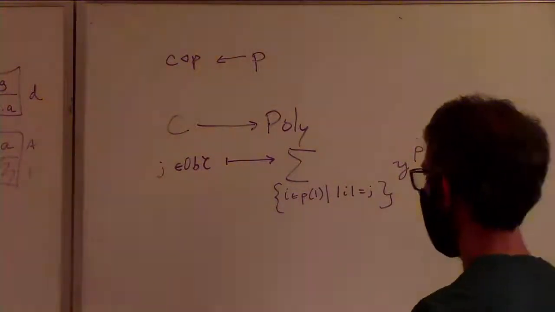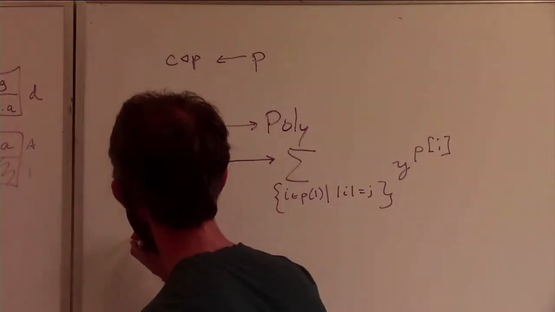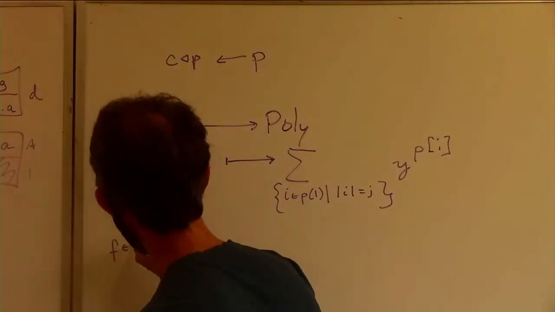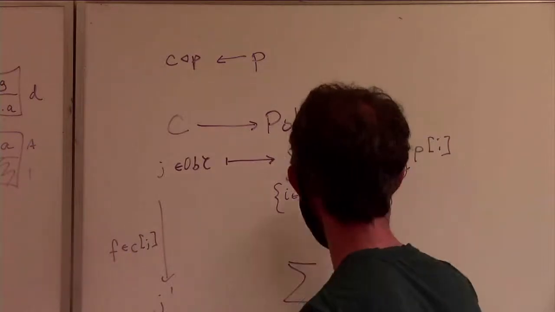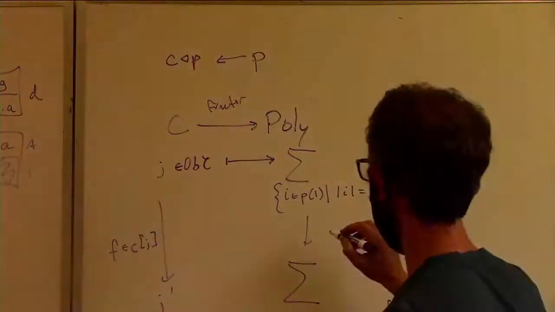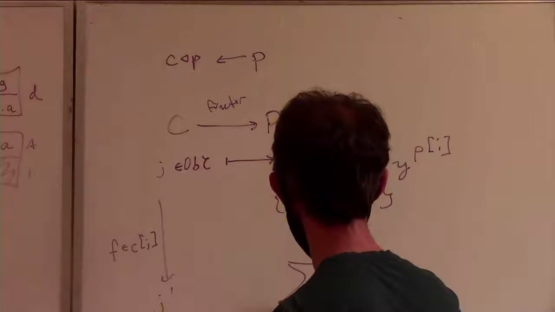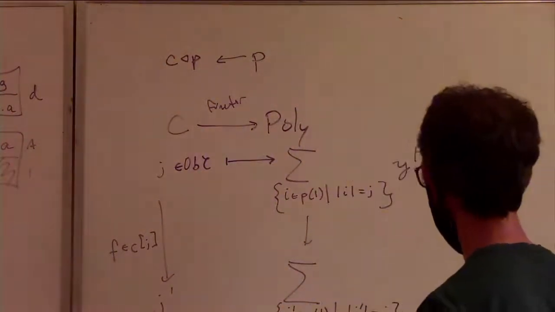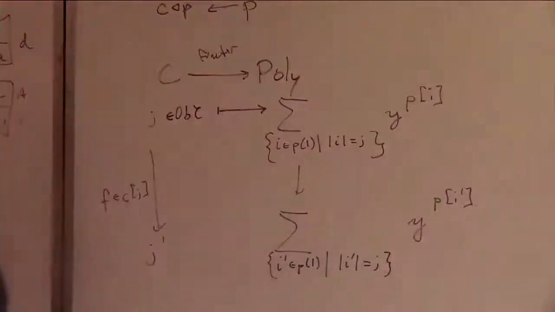And if I had a map from j to j prime, some f in C bracket j, then I would somehow get a map of polynomials for this to be a functor, not a cofunctor, I prime in P of 1, such that absolute value of I prime is j prime. Okay, let's go figure out why this is true.